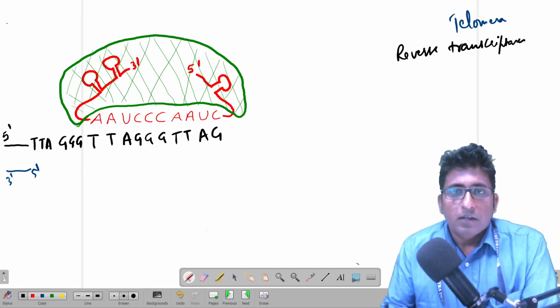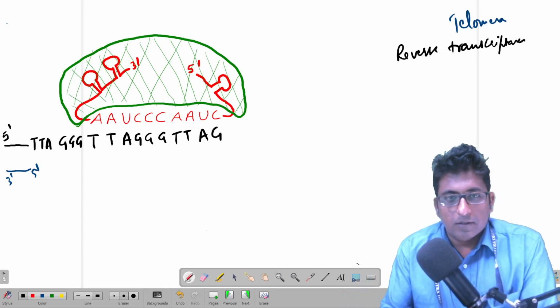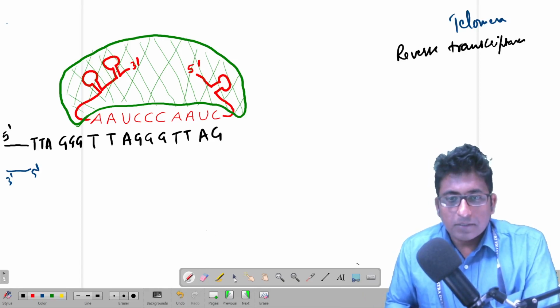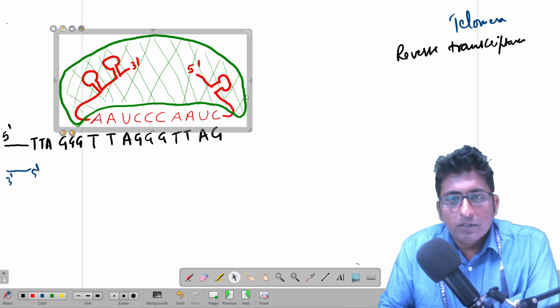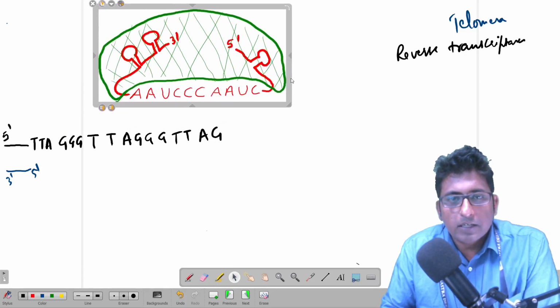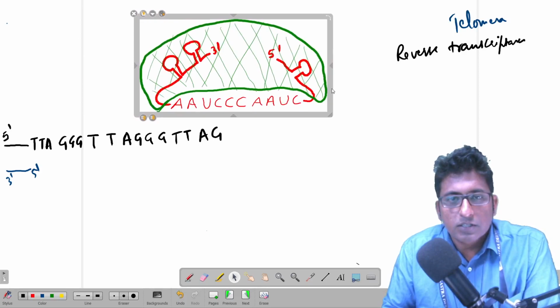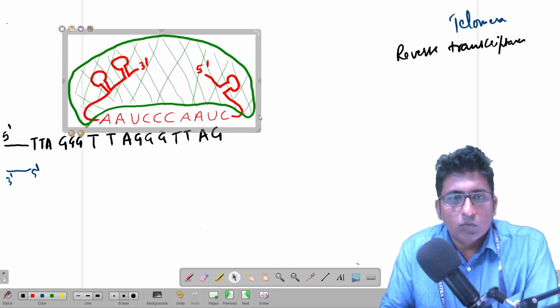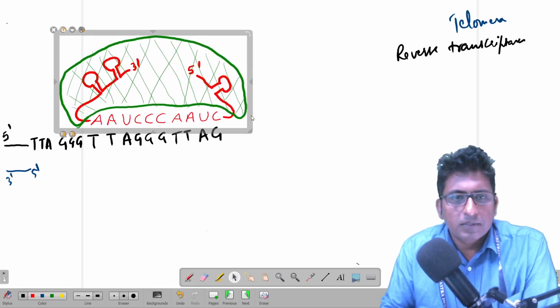This is for the purpose of extending the telomeres. So what happens in this case is the telomerase now will move and translocate to a different location, something like this. Right? Previously it was somewhere here.